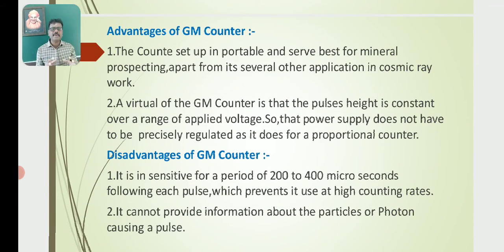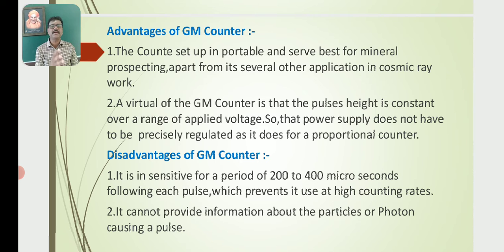Then what are the advantages of the GM counter? First, the counter can be set up as portable and serves best for mineral prospecting, apart from its several other applications in cosmic ray work.